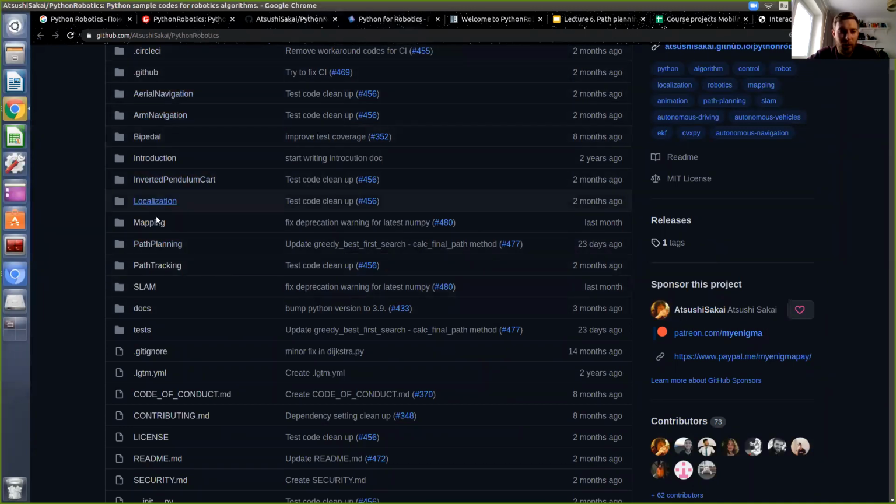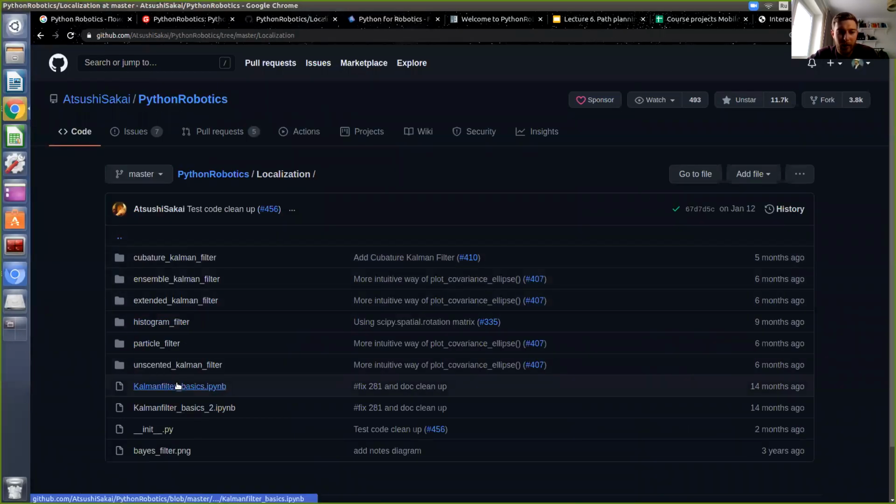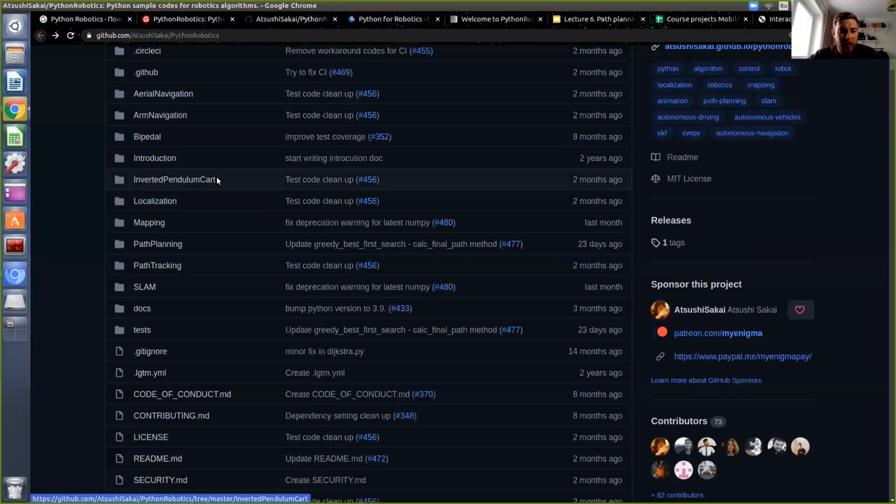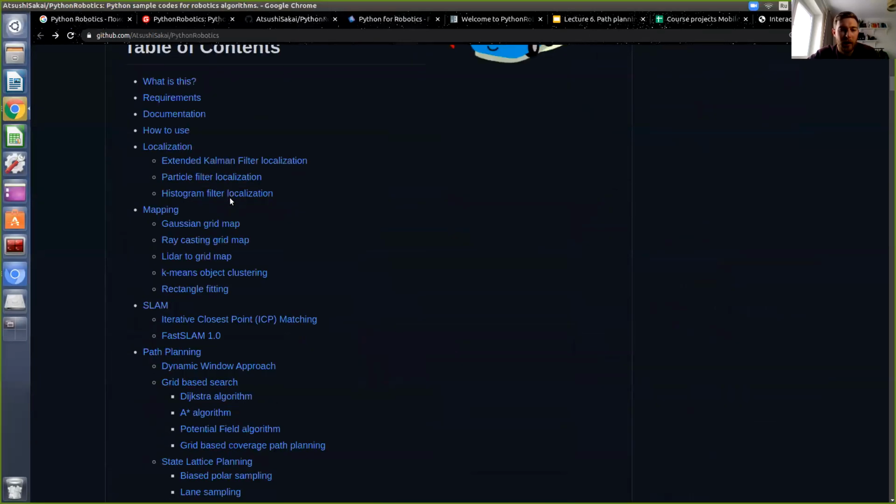So you can choose the topic you're interested in, for example, localization, and there will be several localization algorithms, for example, particle filter, Kalman filter, everything we discussed. And there will be simple implementations in Python of these algorithms.